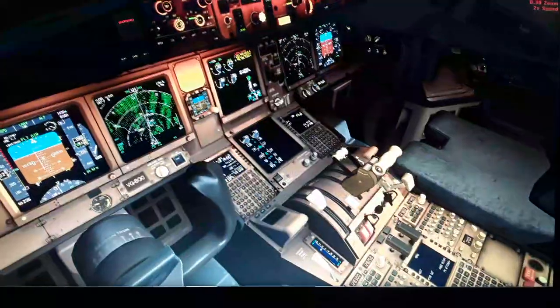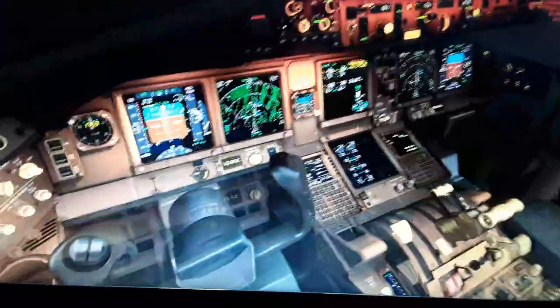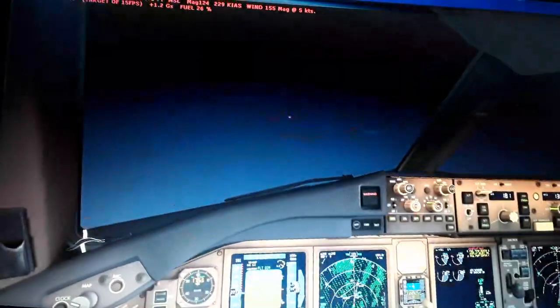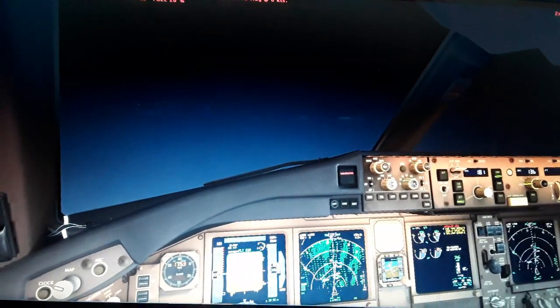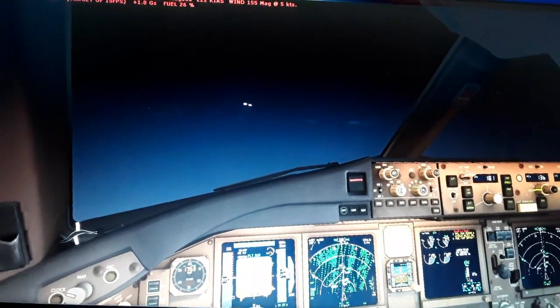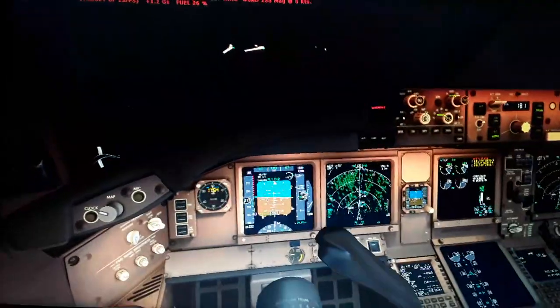So we fly manually. And we're gonna follow the LSZH localizer over here.